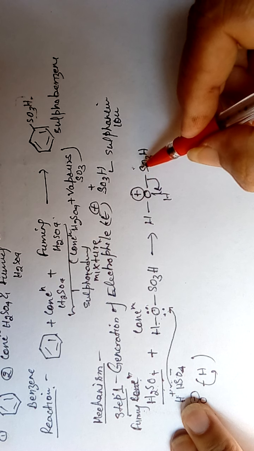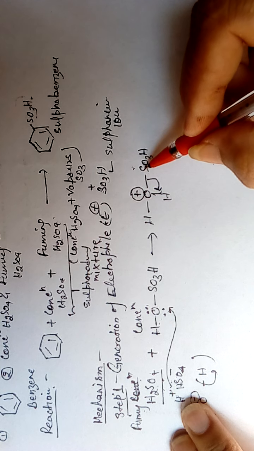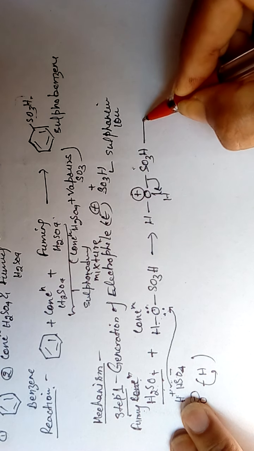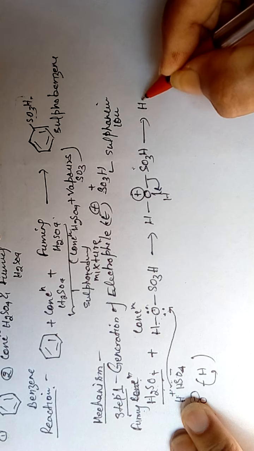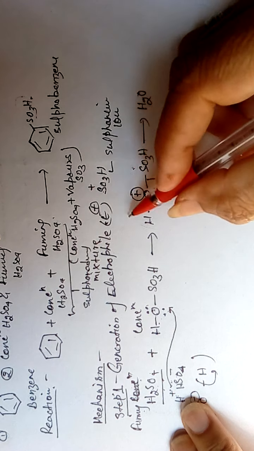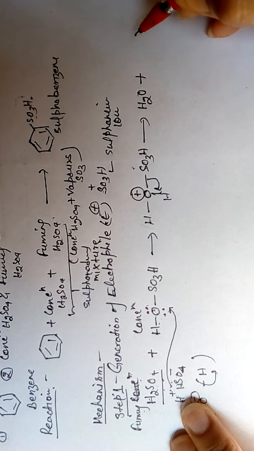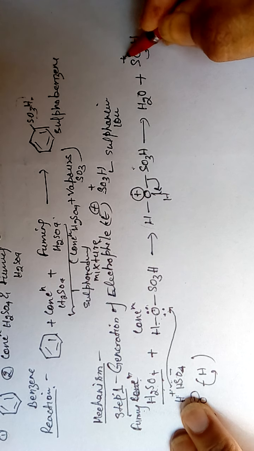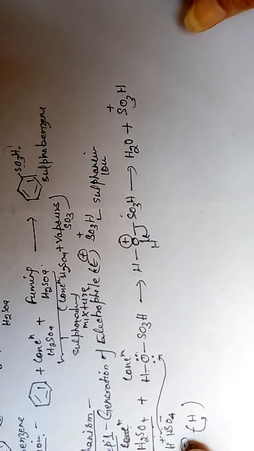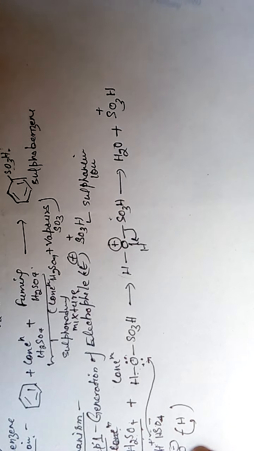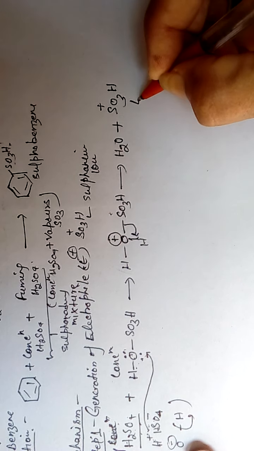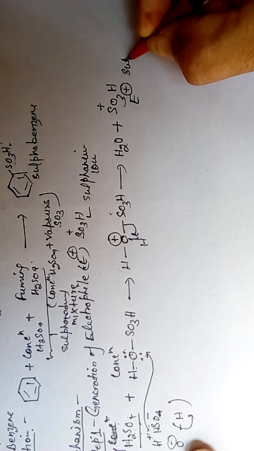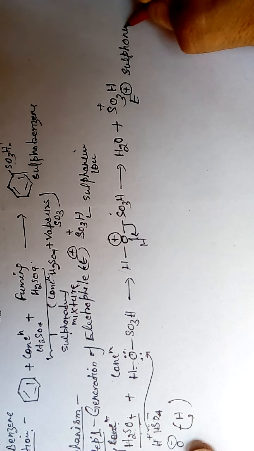The second reason is that oxygen is more electronegative than sulfur, so this bond breaks from here, we get water and we get SO3H plus. This is called the electrophile, the sulfonium ion.